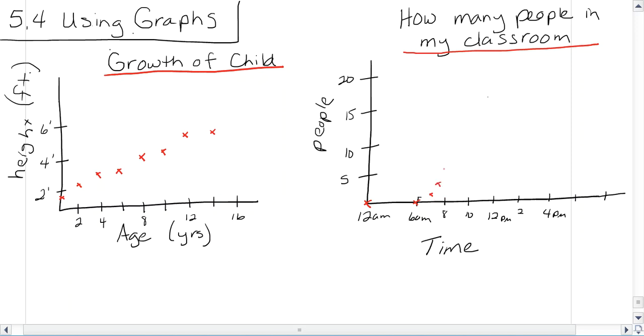And by 8 a.m., it jumps, and there's about 16 people in my first hour. And then they leave, and second hour comes in, there's a few less people. Third hour comes in, there's a few more. Fourth hour, there's nobody because that's my planning time, so it's just me, so we're back down to 1.